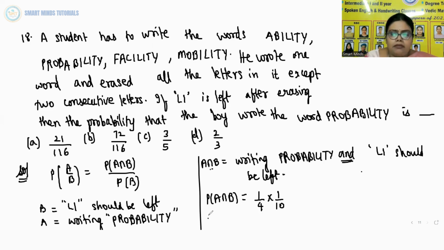Similarly, for ability, this is for probability. Similarly, for ability, it is 1 by 4 into 1 by 6. And for facility, it is 1 by 4 into 1 by 7.